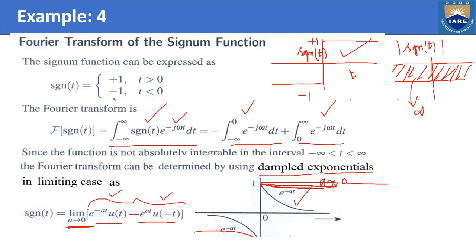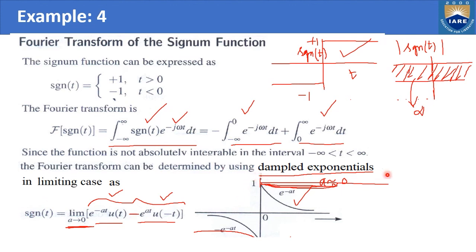This is the Signum function in the limiting case, if I apply the limit as a tends to 0. These damped exponentials, one exponential and another exponential, these two approach the Signum function.